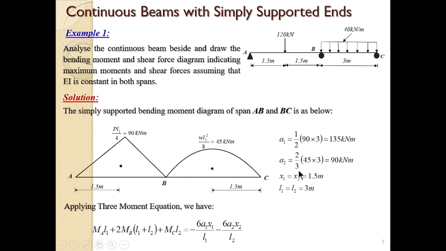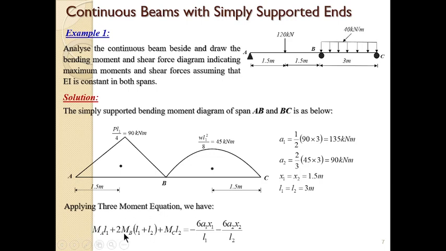So that's why we have 2 over 3 times 45 times 3. That gives us 90. Then we already know that the centroid distance for x1 and x2 is 1.5, and the lengths L1 and L2 are both 3 meters.